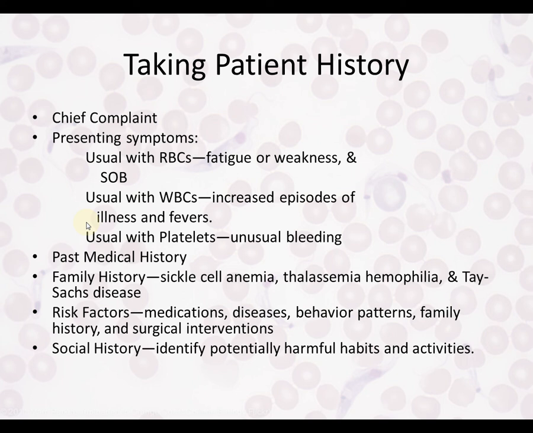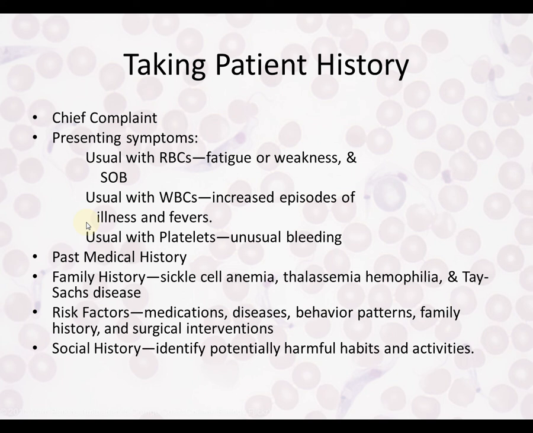Okay. Other risk factors that can alter the hematologic system can come from a variety of sources, like the medications, diseases, behavior patterns, family history, and surgical interventions. Social history, you want to identify potentially harmful habits or activities that your patients might have, such as smoking, poor diet.